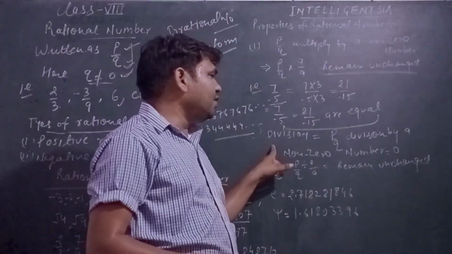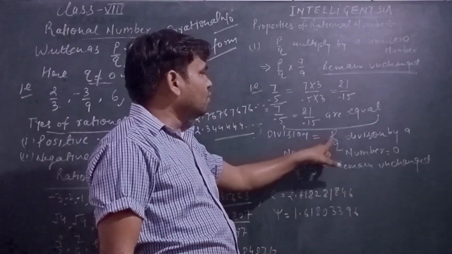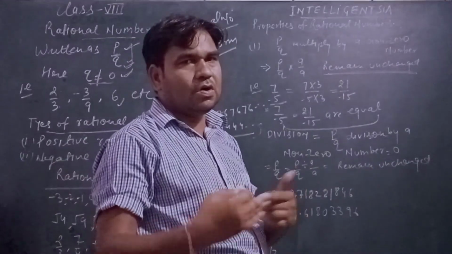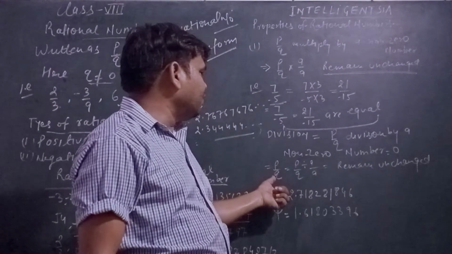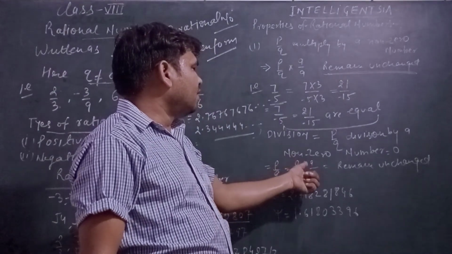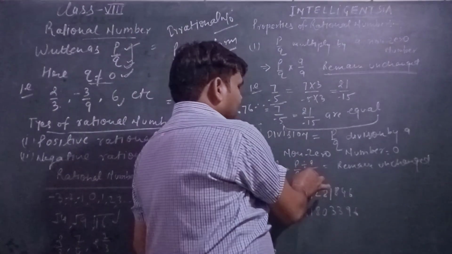Now we see the division property. P over Q divided by a non-zero number, it means to say P over Q equals P divided by a and Q also divided by a.